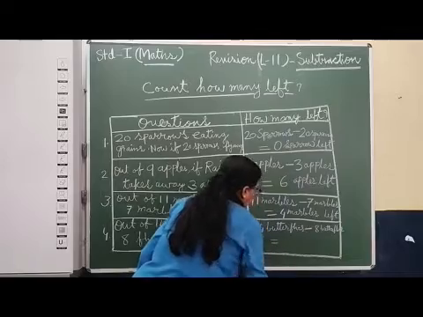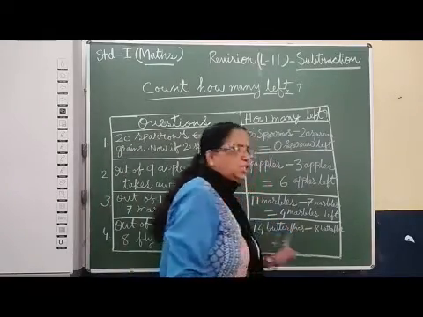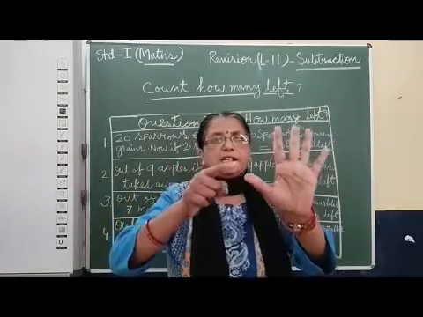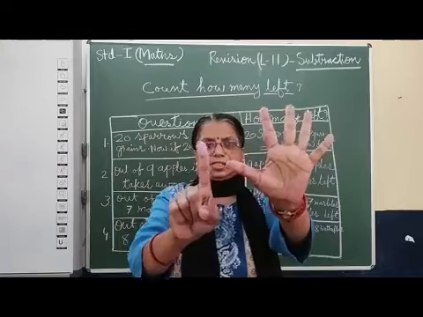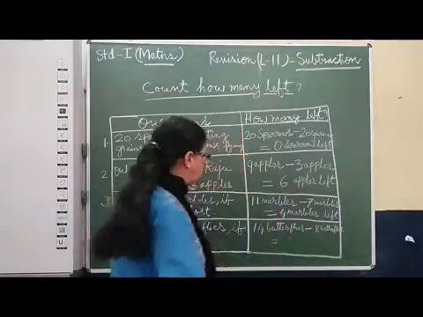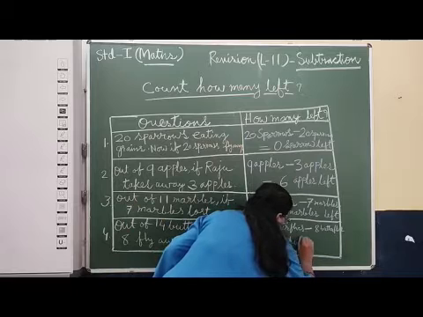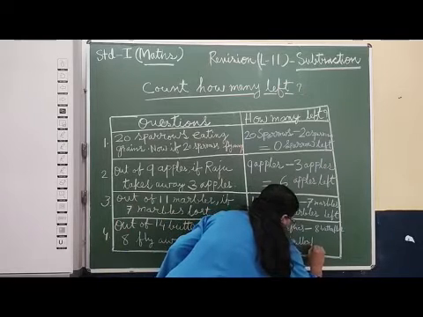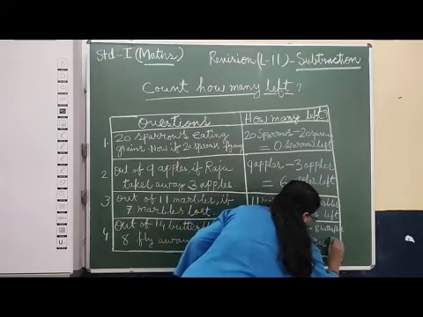Now how many left? That we have to count. After 8 up to 14 you have to count. After 8: 9, 10, 11, 12, 13, 14. 6. 5 plus 1, 6. 6 butterflies left.